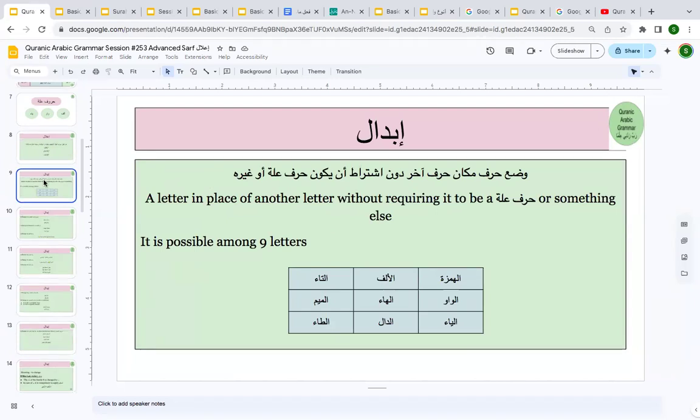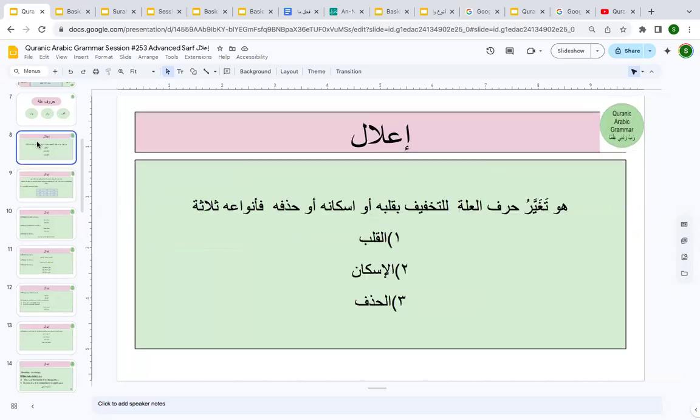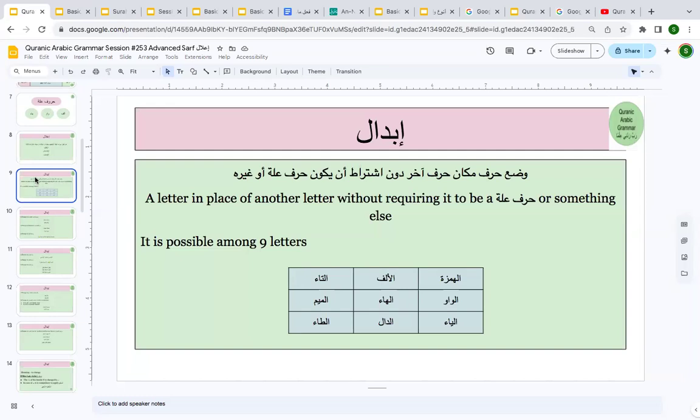But when it is very specific to weak letters, what are the root letters for weak letters? Ain, lam, lam, right? Then you can call the change that only weak letters undergo i'lal, but this i'lal can also come under ibdal, which is a broad term. It covers everything. Does it make sense?